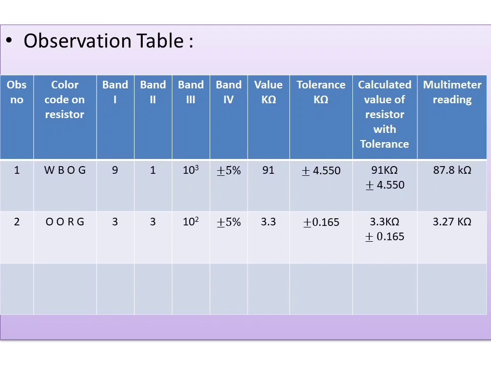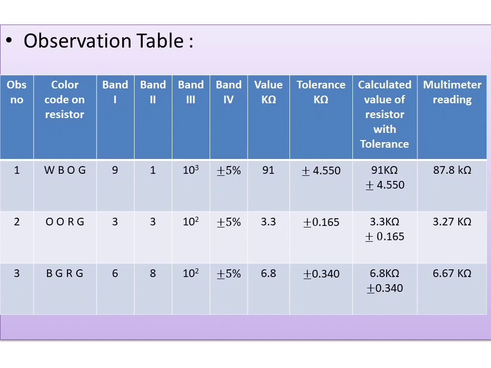So the value of the resistor is 3.3 kilo ohm. The tolerance value is 0.165. So the calculated value of the resistor with tolerance is 3.3 kilo ohm plus minus 0.165, and the multimeter reading is 3.27 kilo ohm.